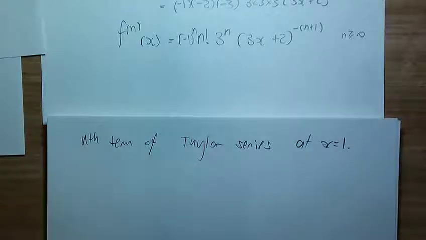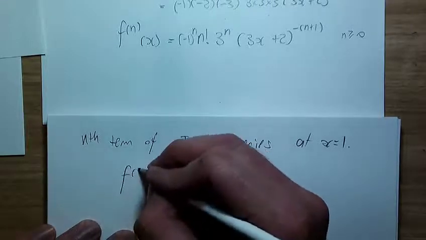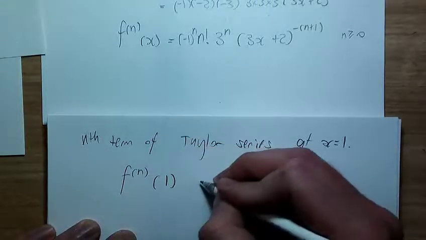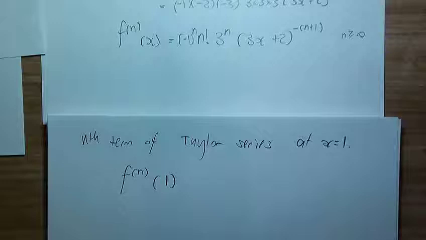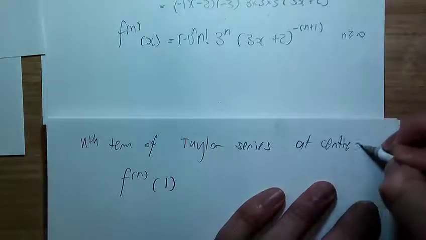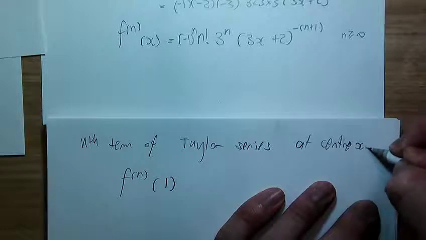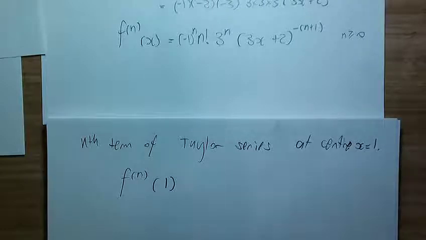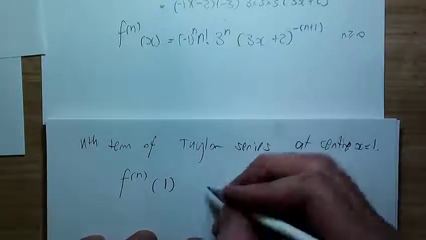Which I mean A. There, that's the A I'm talking to. At. About. Talking about. Let's choose the right preposition. So when you pick a centre for your Taylor series, in fact I might just say centre. Okay, so when you pick a centre for your Taylor series, you sub that into your nth derivative.